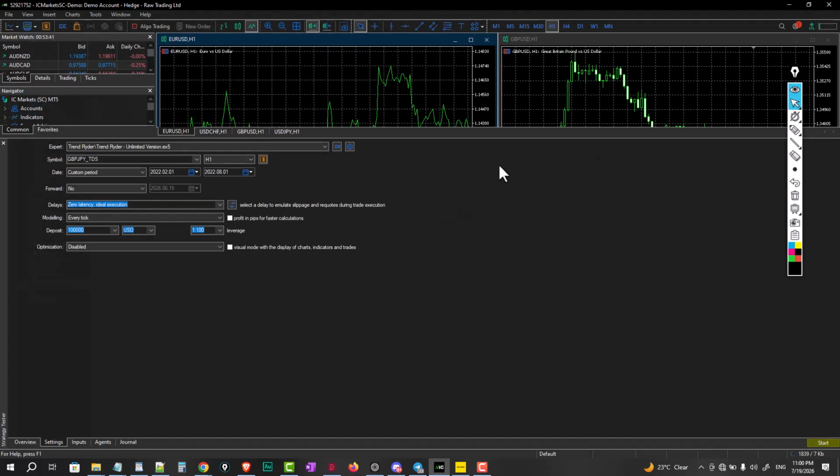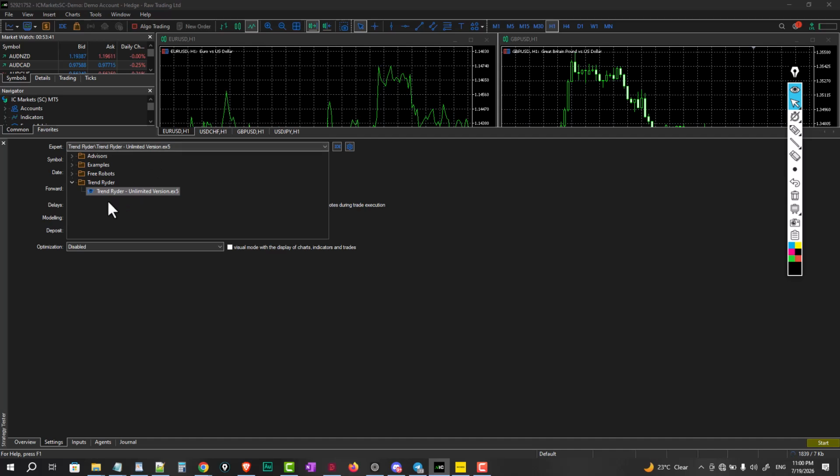Once you've done that, you're good to go. Just refresh under the expert advisors tab, and you see your expert advisor there. The one I'm using here is the one I got coded for my trend trading strategy. It's called TrendRide, and it's the one we're going to be using for this sample simulation.